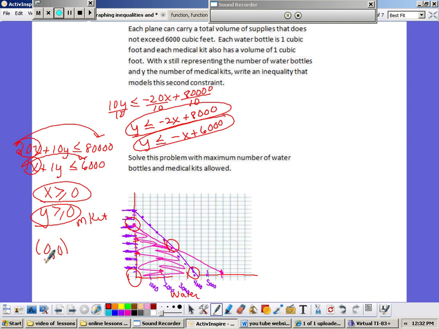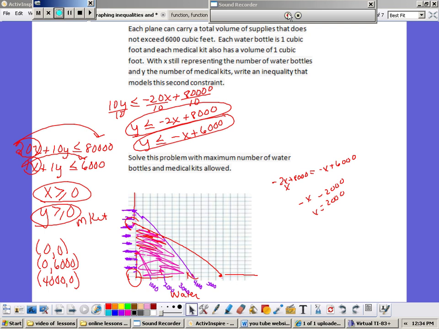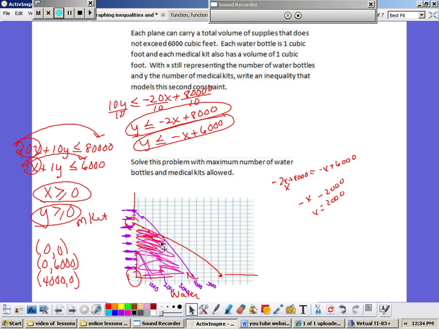One is 0, 6,000. One is 4,000, 0. The other one right here is 2,000, 4,000.